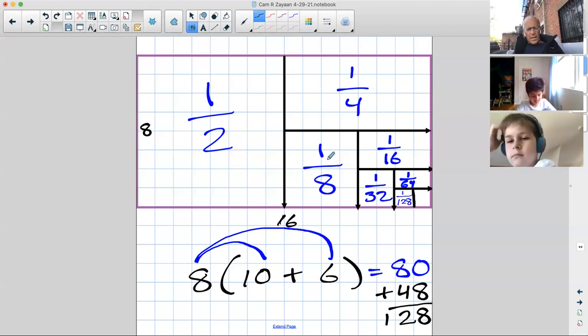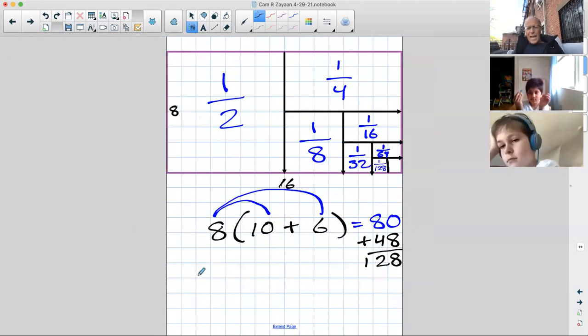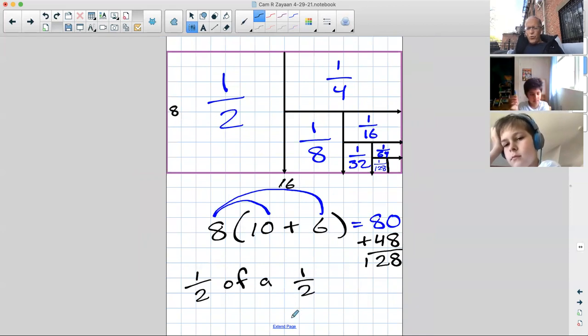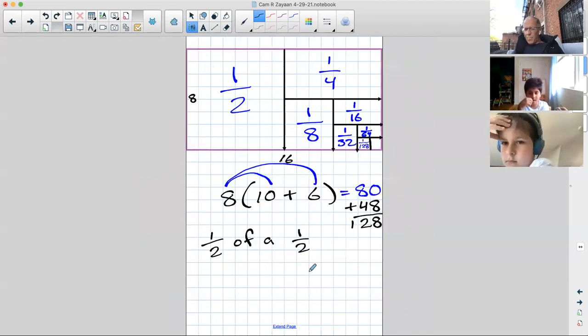Now, isn't it interesting, boys? I want to show you something. If I take, are you ready for this? If I take a half of a half, do you know how to translate that into mathematics? What would you do to the half and the half? Would it be addition, subtraction, multiplication, or division?